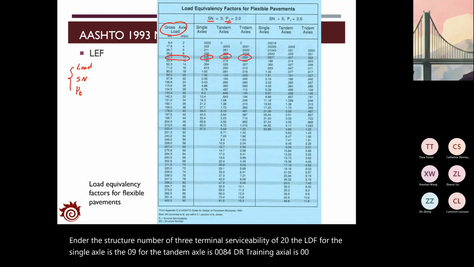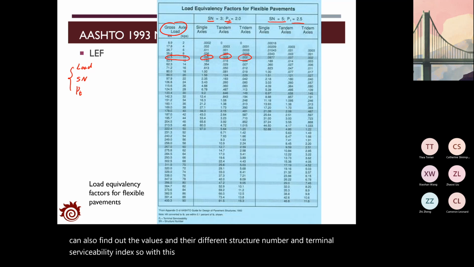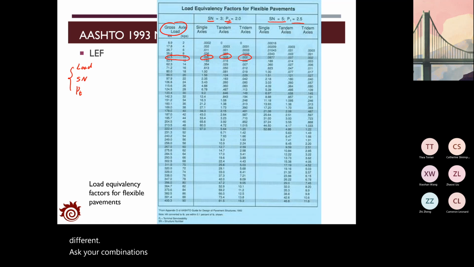And you can also find the values under different structure numbers and terminal serviceability indices. So with this table, you can find the LEF for different axle combinations and different loads, with different structure numbers and terminal serviceability indices.